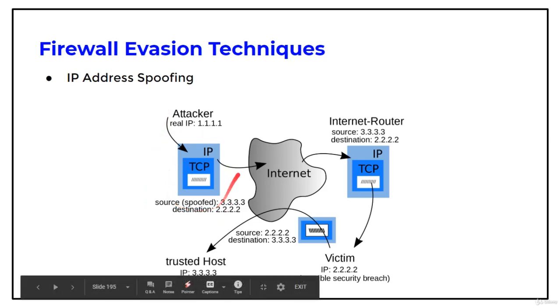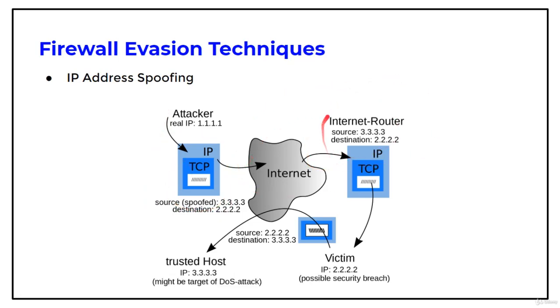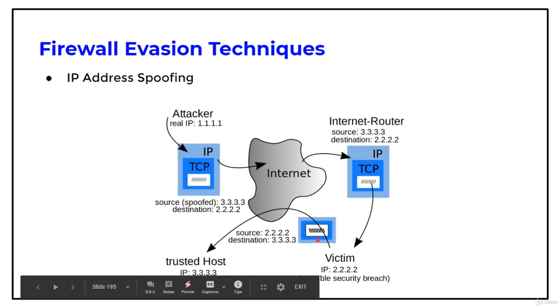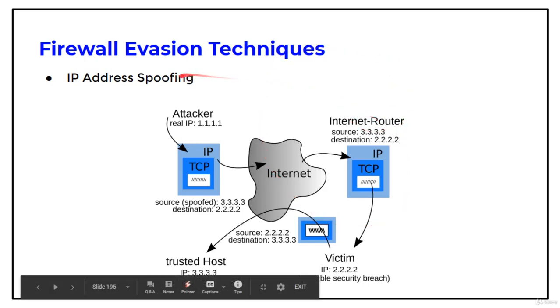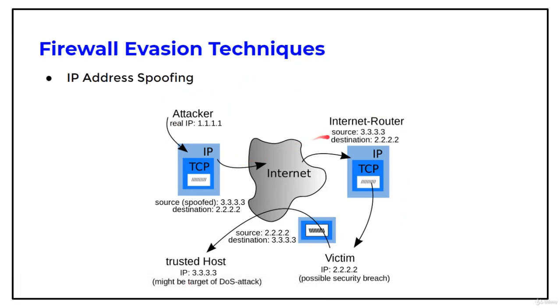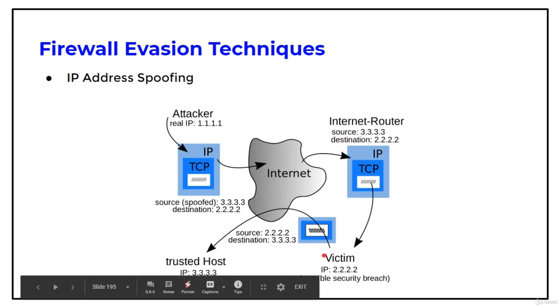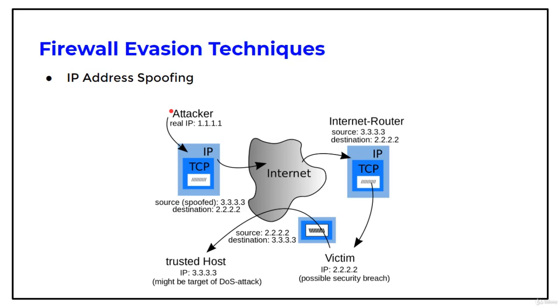So what he has done is he has spoofed the IP address of the internet router. So when the attacker sends a packet, the victim feels that the packet has been sent by the source 3.3.3.3 and therefore it will trust it. But in the real case, the packet is being sent by the attacker. So the process is like this. This is known as spoofing of IP address.